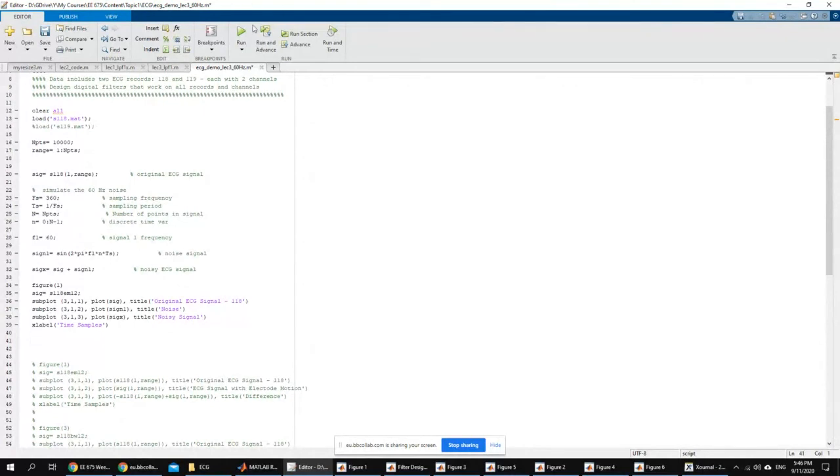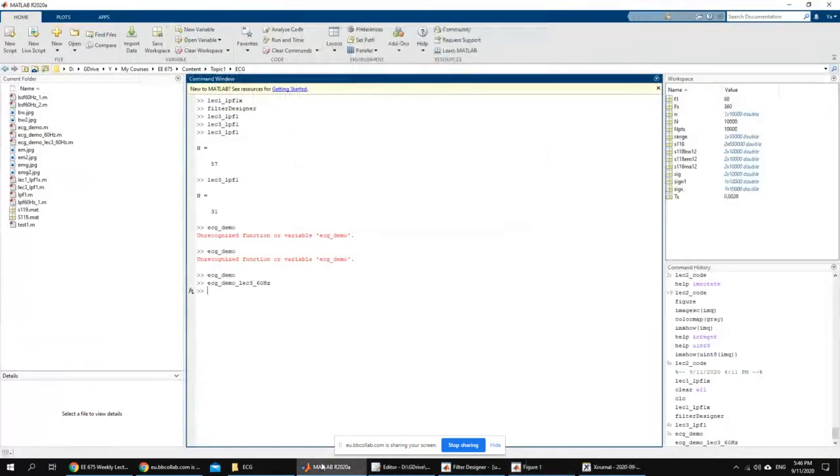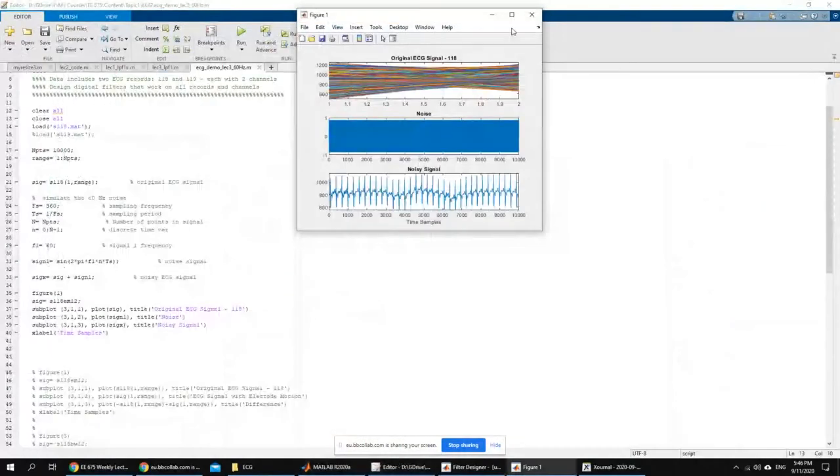Let's just draw that and see how it looks. Let's close all, because there are so many figures.